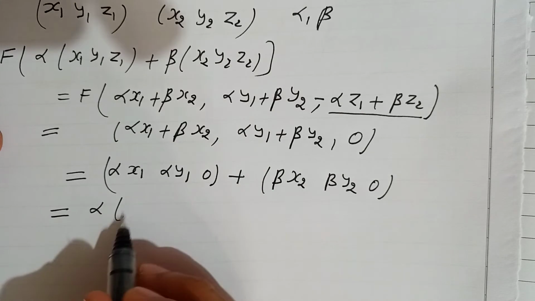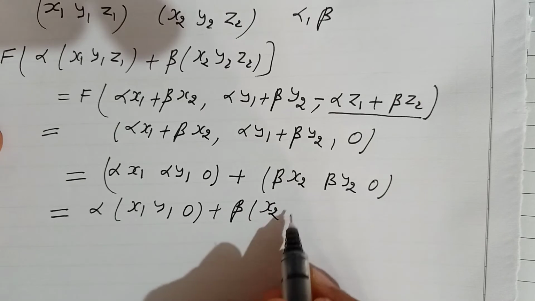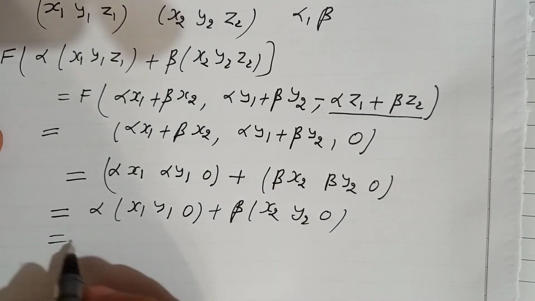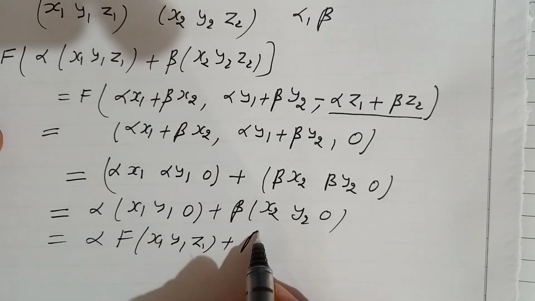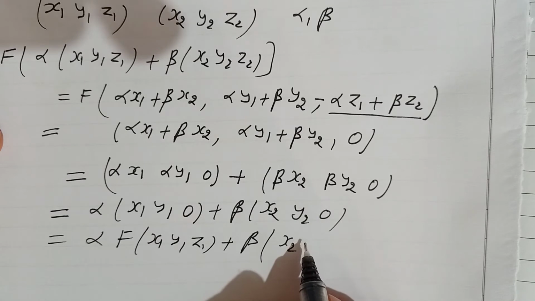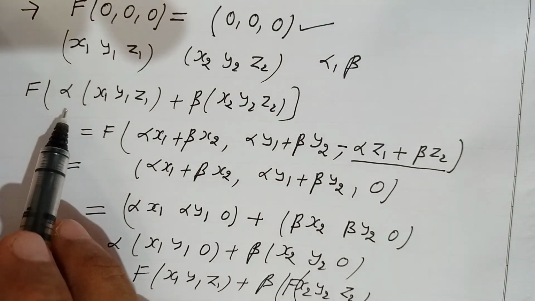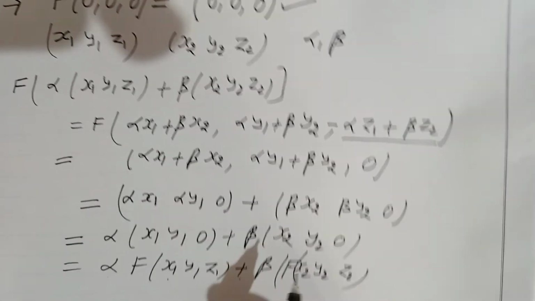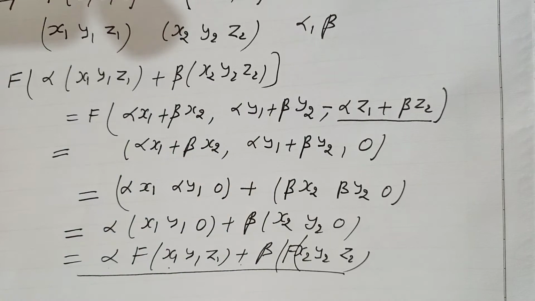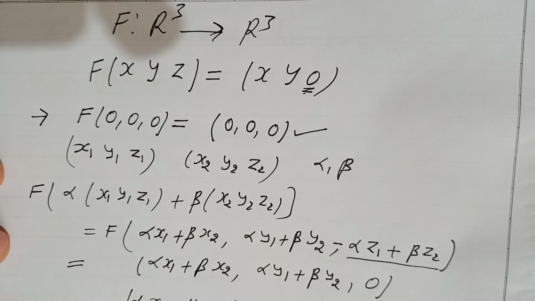So this will be alpha x1, y1, 0 plus beta x2, y2, 0, which equals alpha f of x1, y1, z1 plus beta f of x2, y2, z2. So f of alpha u plus beta v equals alpha times f of u plus beta times f of v. So this satisfies the property of linear mapping. So this given mapping is a linear transformation, a linear mapping.